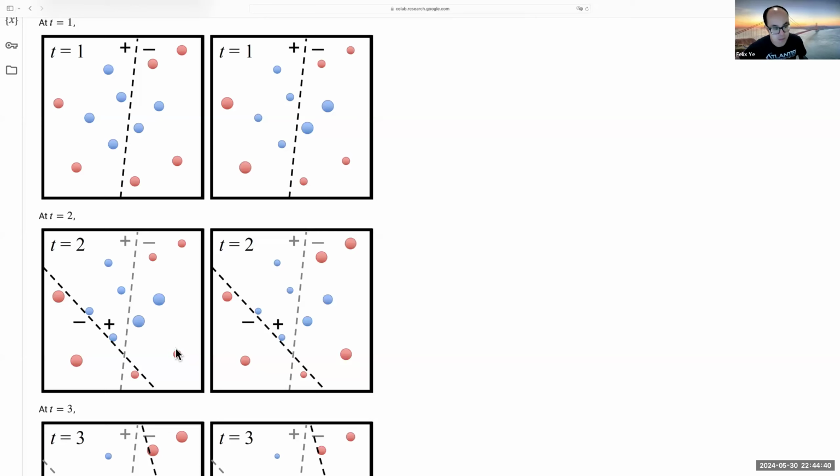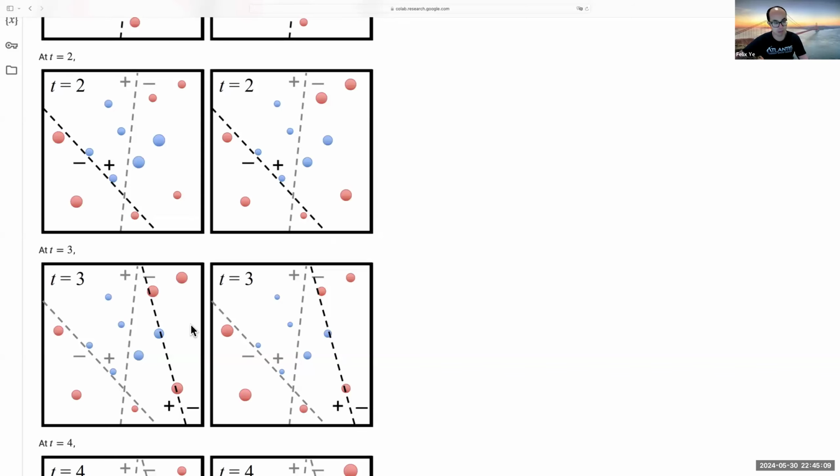However, for these three balls we make mistakes. So I'm going to multiply by a certain weight to make these three balls bigger. You can see these three balls are getting bigger. On the other hand, every other ball I'm going to shrink by a certain constant. Okay, so this is the weight after the second round.